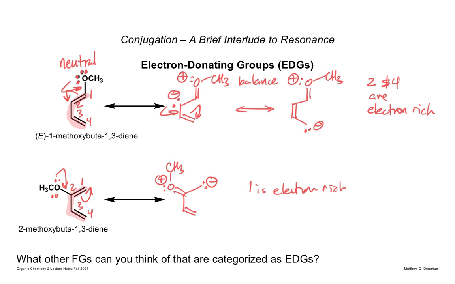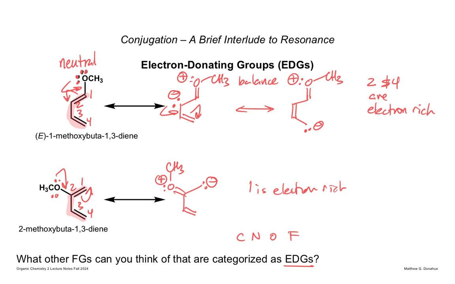So the last question on this slide says, what other functional groups can you think of that are characterized as electron donating groups? So our periodic table: C, N, O, F. So what you saw just now, that's the ether functional group.